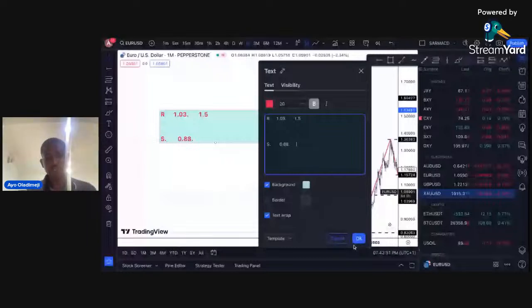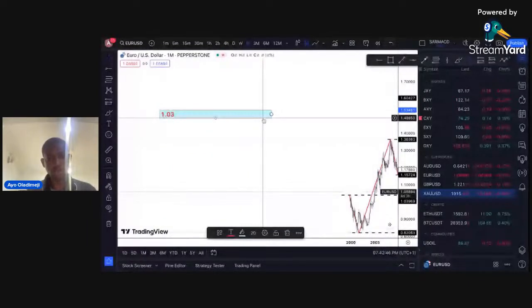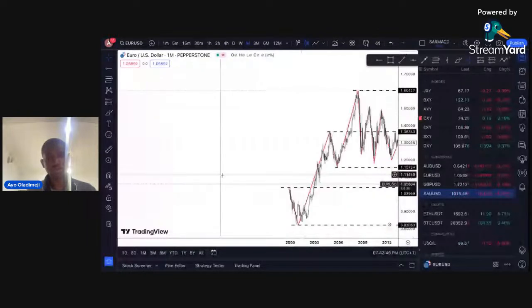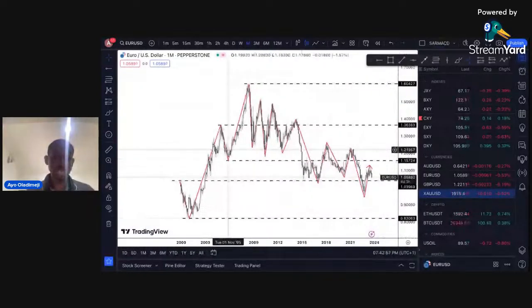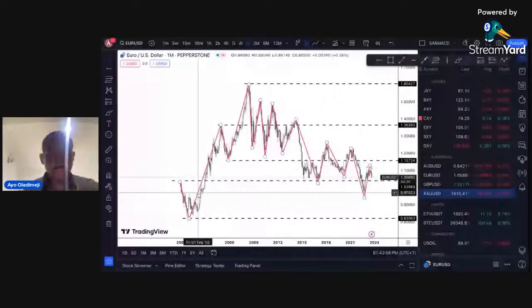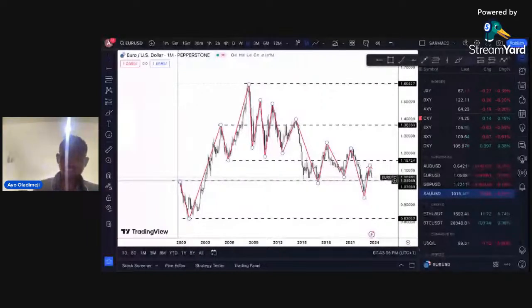When we finish, I'll show you. We'll look at your table so that you will use it to understand this support and resistance and how it works. So the one is the resistance, and it is 1.03 resistance.